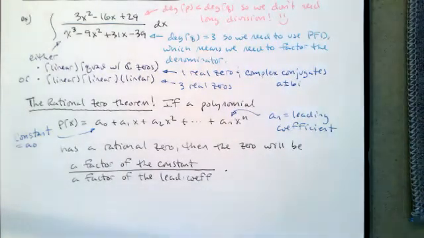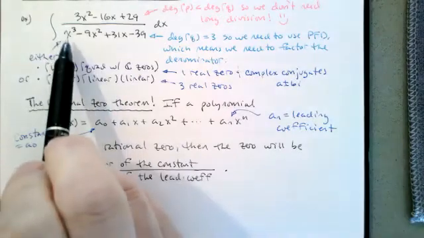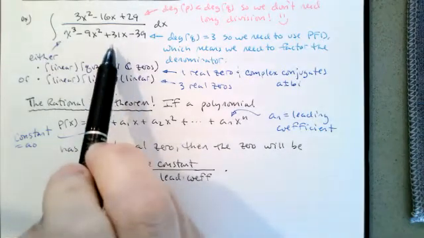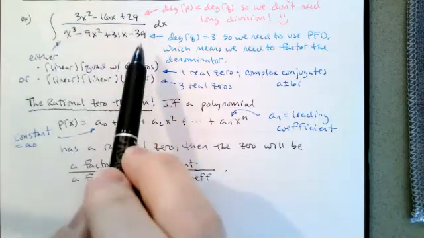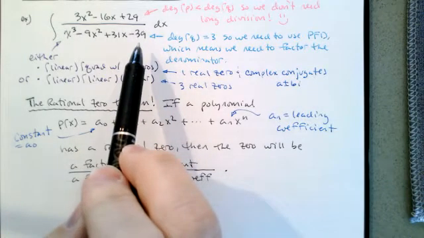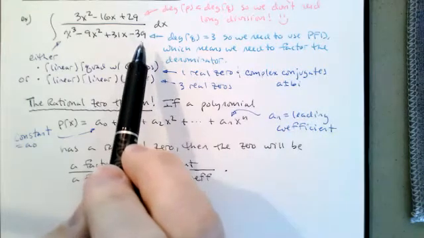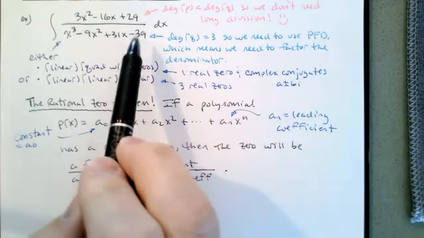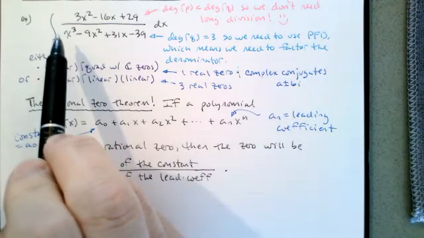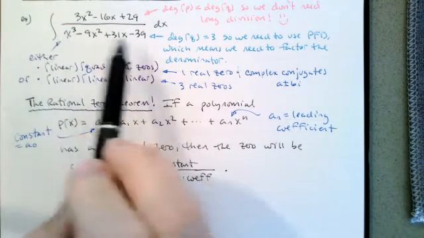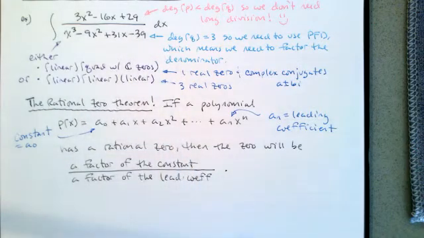So if we look at this polynomial, x cubed minus 9x squared plus 31x minus 39, 2 is not going to be a zero of this polynomial, because the only candidates are going to be factors of 39 divided by factors of 1. So the fact that we've got 39 out here limits what we have to look at.